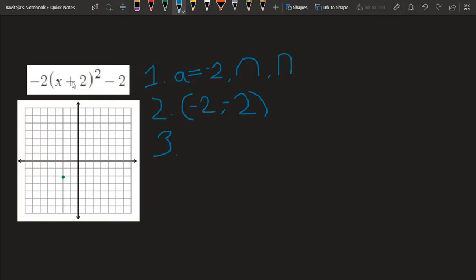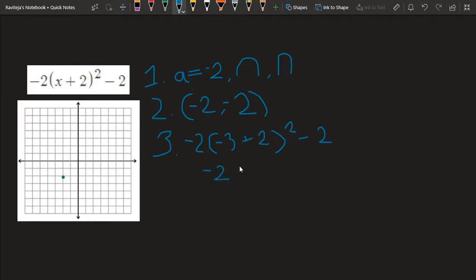So -3 plus 2 is -1. -1 squared is +1. Let me write this one out because it might take a little bit more work. So -2 times (-3 plus 2) squared minus 2. So then we see -3 plus 2 equals -1. -1 squared equals +1.